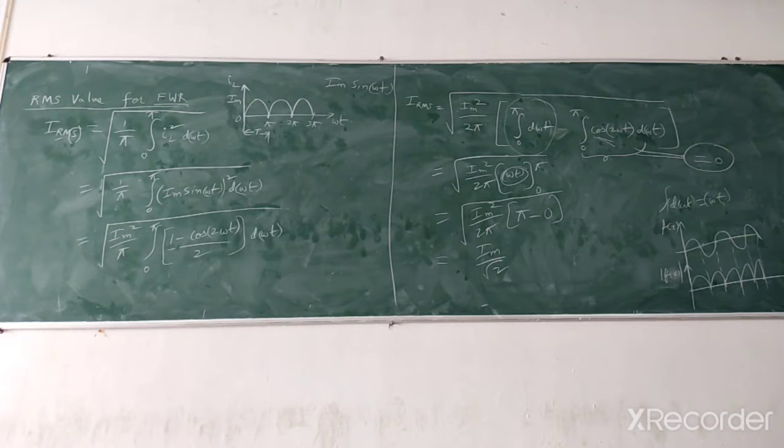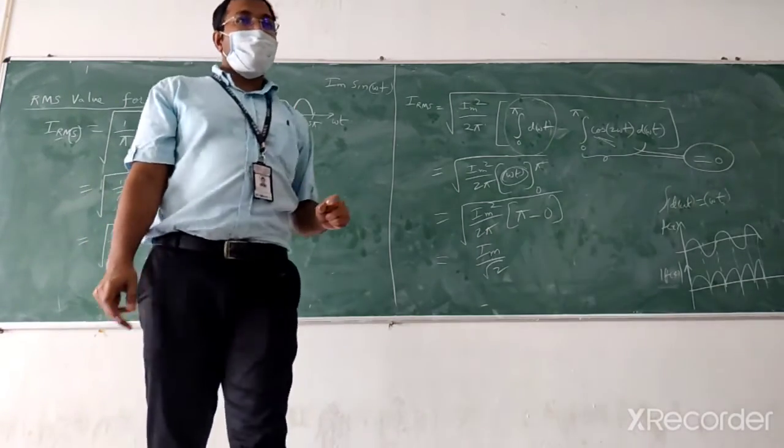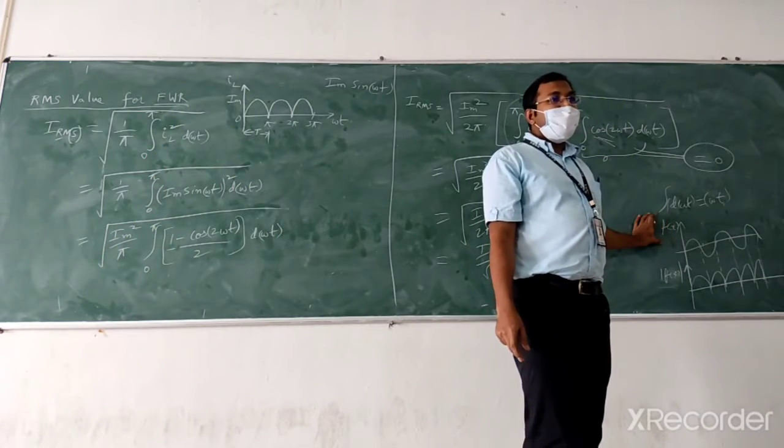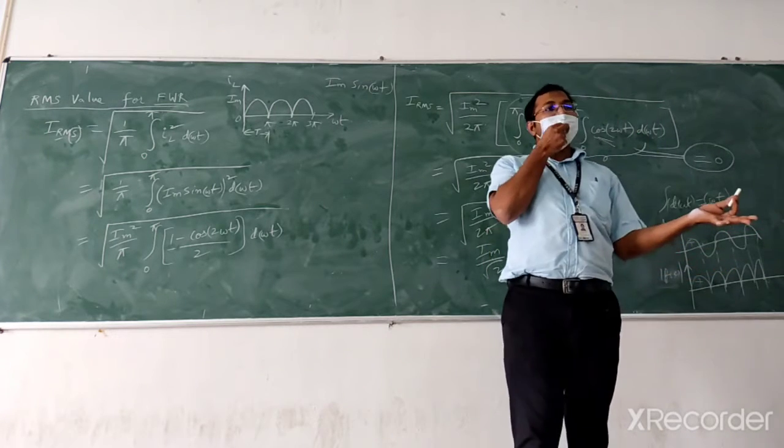What operation does your full wave rectifier circuit perform? Based on what I just explained, it will give the absolute value. The full wave rectifier is giving the absolute value of whatever signal you are applying. Magnitude of positive gives positive magnitude.